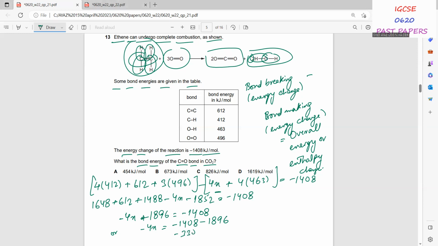So minus 4x is equal to minus 3304, so x is 3304 divided by 4, 826. It should be plus. The reason is that both sides carry minus sign. So 826 means C will be the right answer for this question.